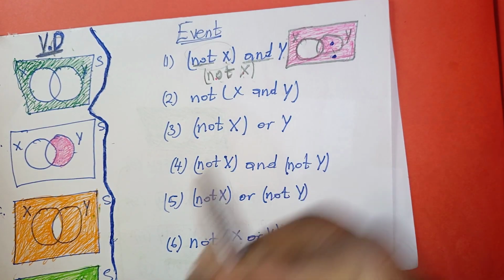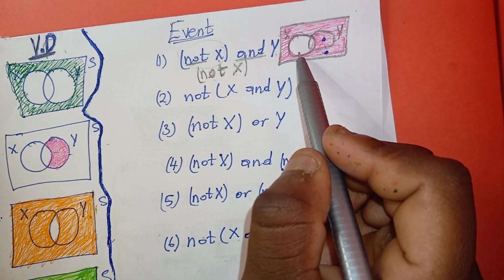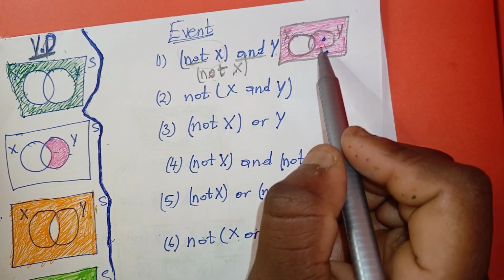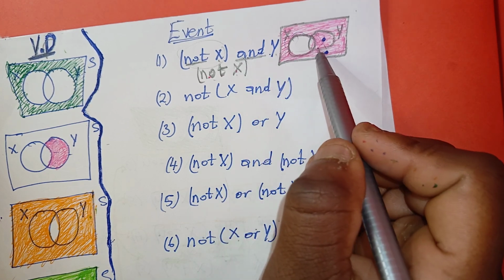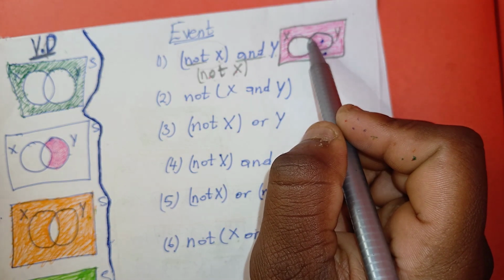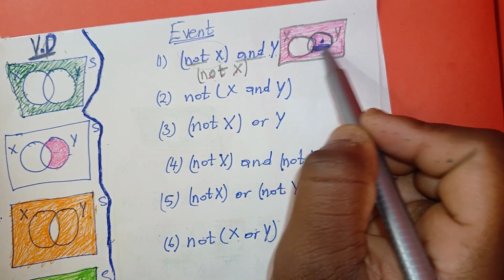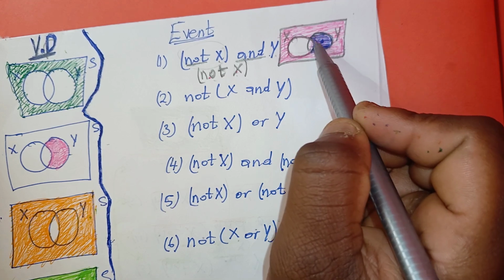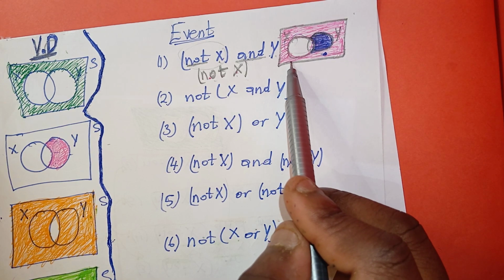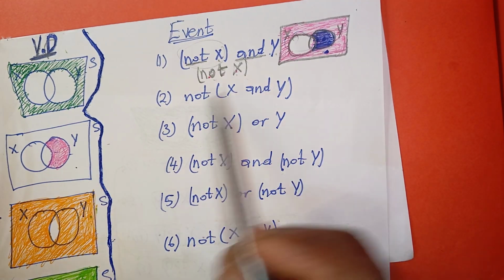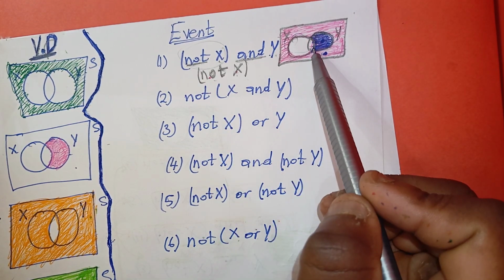I don't take anything which includes X, because I said not X. And if they say and Y, they are referring to your Y here, but not X. This one is your Y. As you can see, this diagram is similar to this one, because I just refer to Y but not X, meaning it's only Y there.